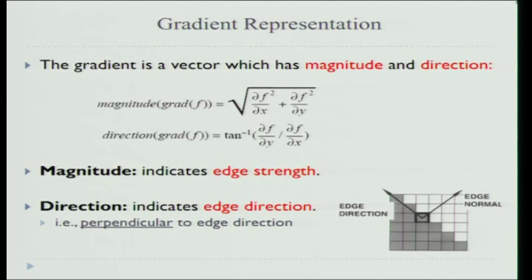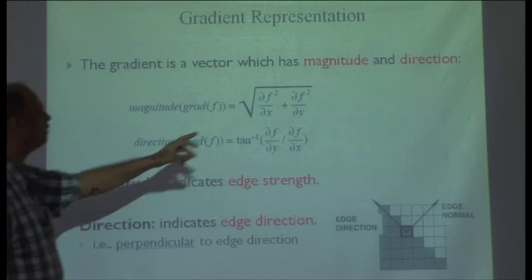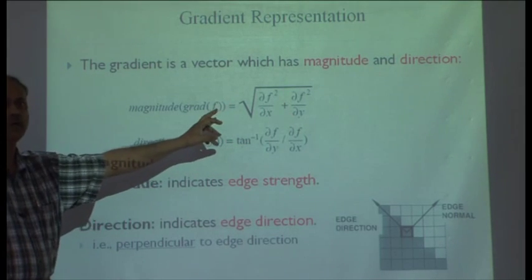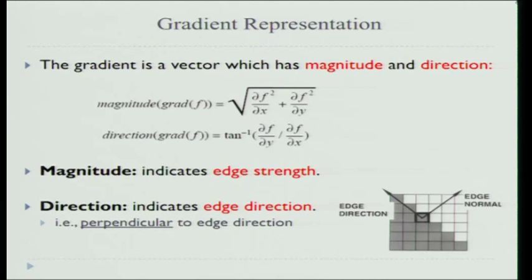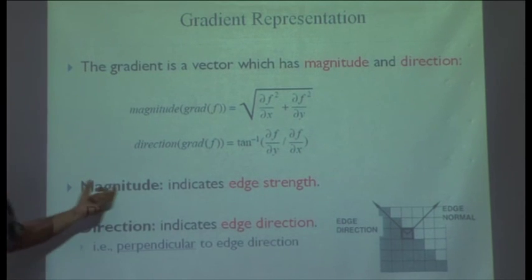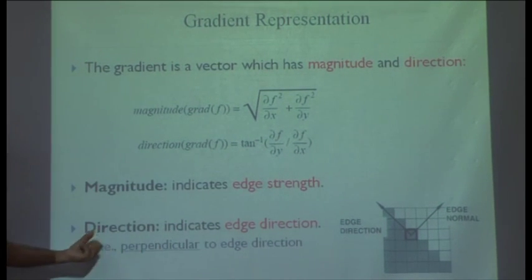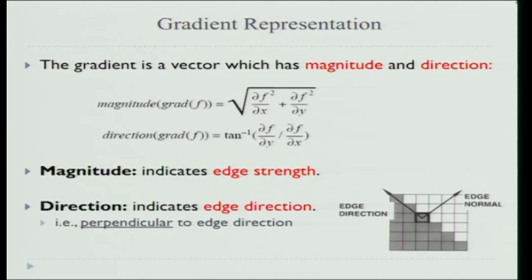The magnitude is the square root of del f by del x whole square plus del f by del y whole square, and the slope is tan inverse of del f by del y divided by del f by del x. This magnitude will give you the edge strength, and the edge direction is obtained by the slope.